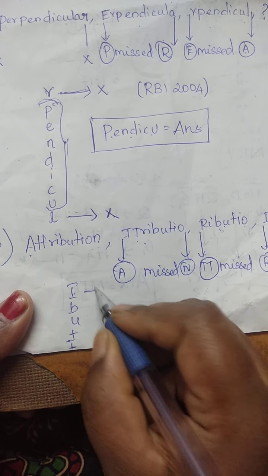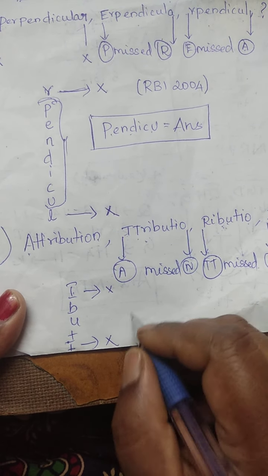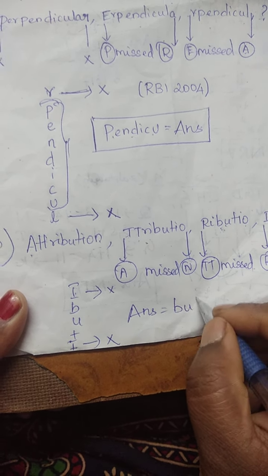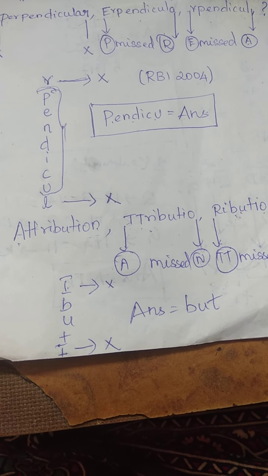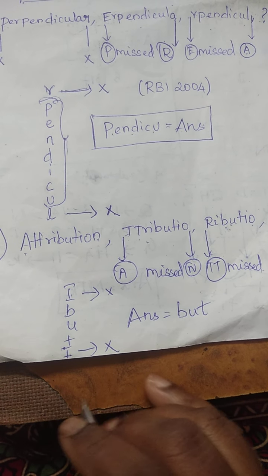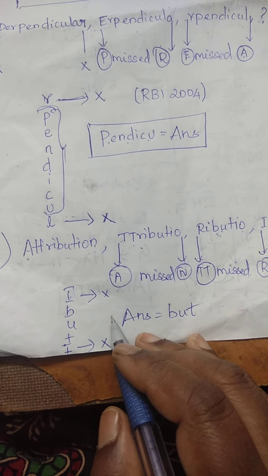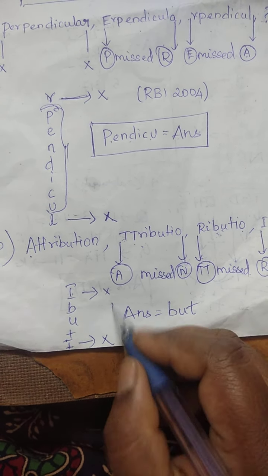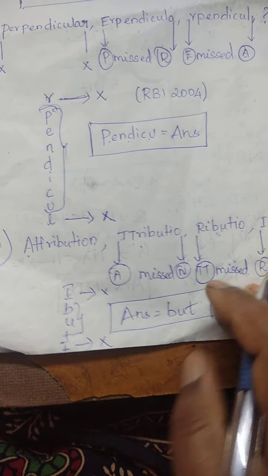So this is the first term we should taken away and the second term we should taken away, and the answer should be B U T. What's that? B U T. Okay. Can you clear about it? This is the answer.